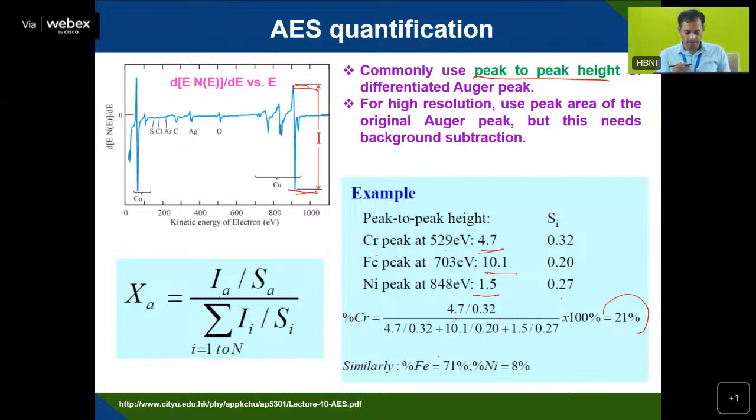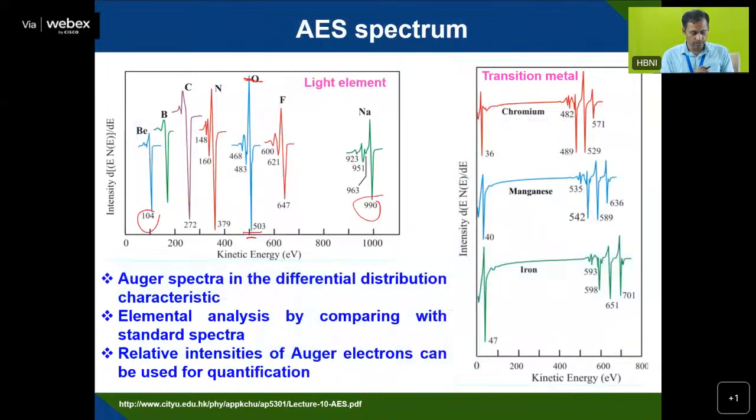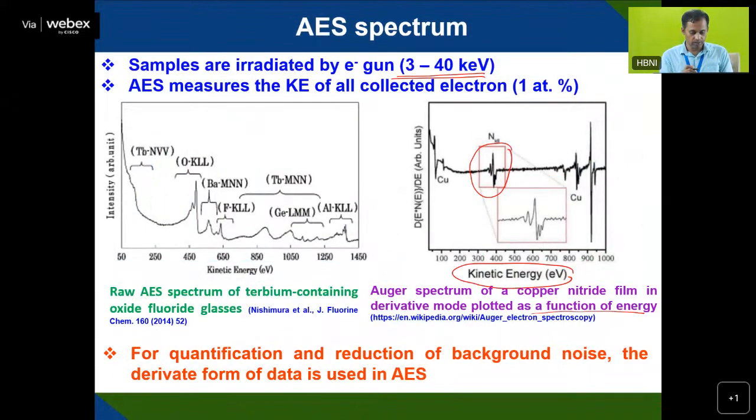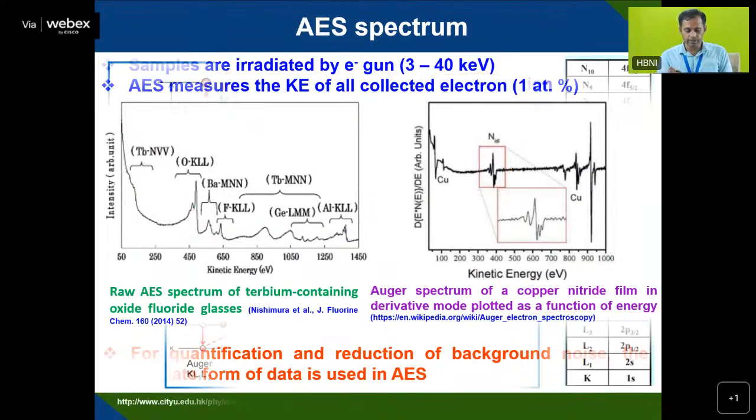Or if you have a high resolution peak, the original Auger peaks can also be used, like the high resolution spectra, so you can use the area under the curve, but generally Auger electron spectroscopy uses the peak intensity.